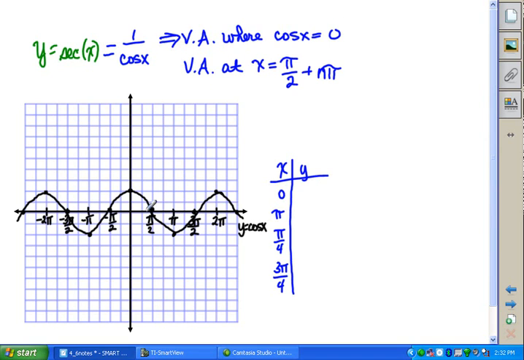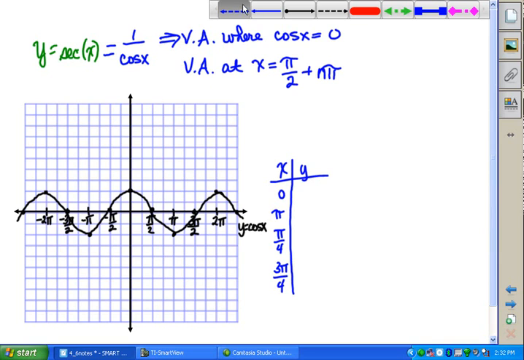So you can then draw your vertical asymptotes in. And then I bet you'll know what the graph is going to look like from there.